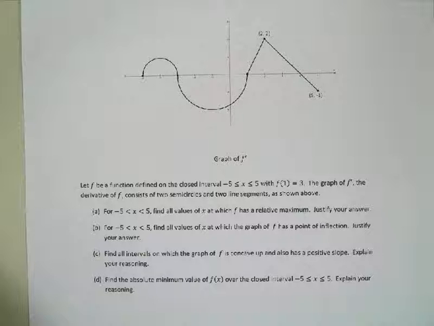So it's negative 5 to negative 4, and 1 to 2. It's not concave at those points, though. It doesn't have to be that. Yeah, F prime.